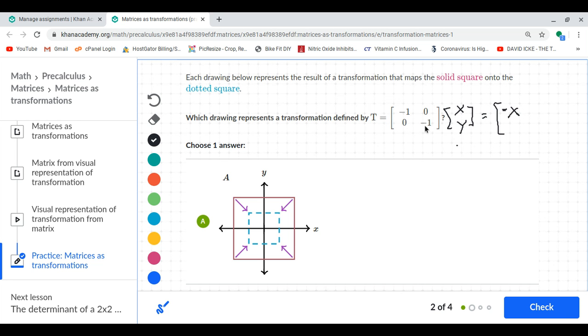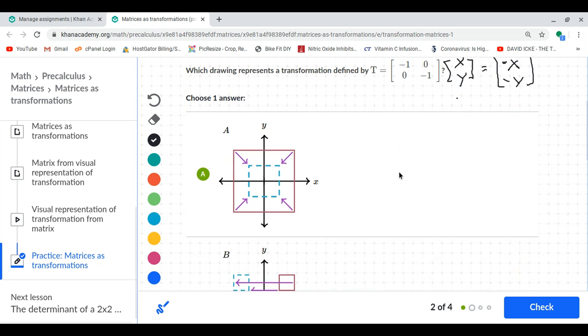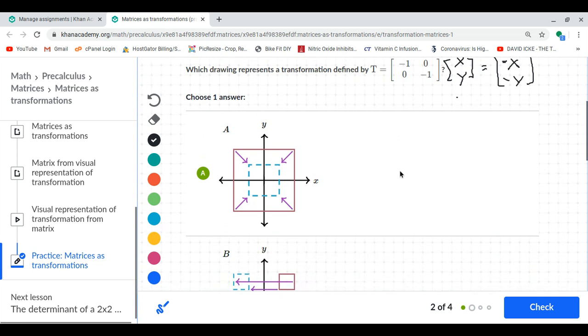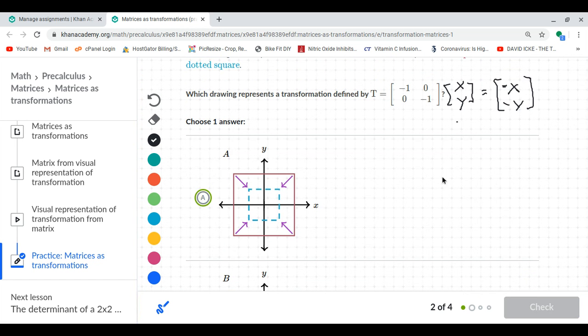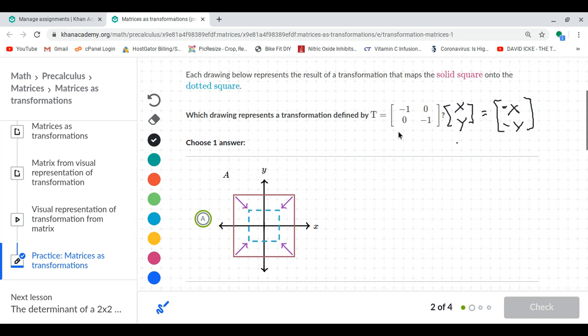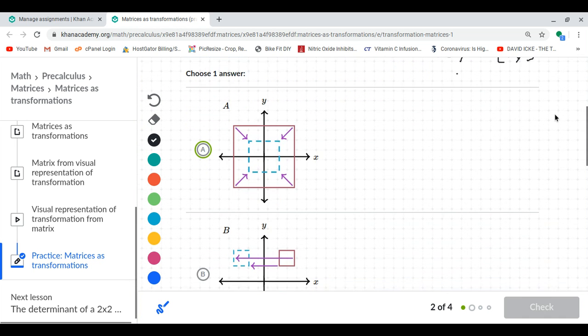And then 0 times x plus -1 times y, so we'll get -y. So we'll essentially get the x and the y rotating 180 degrees. So essentially this is a 180 degree rotation.